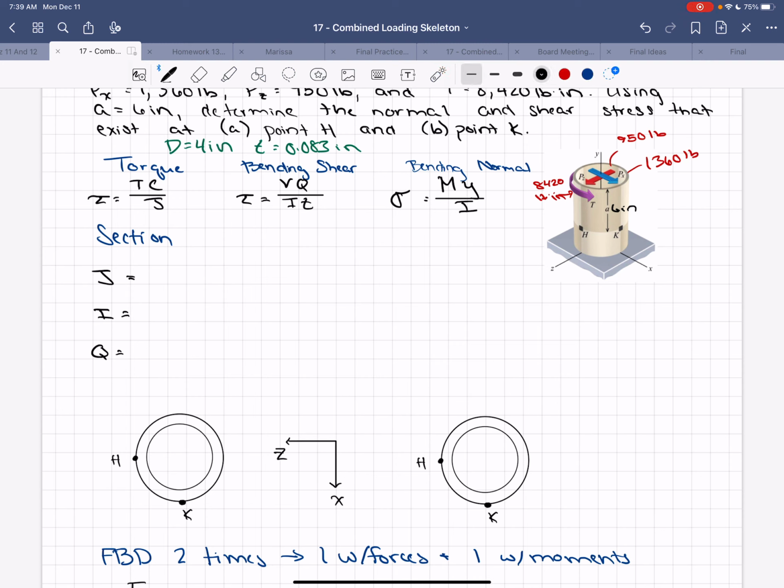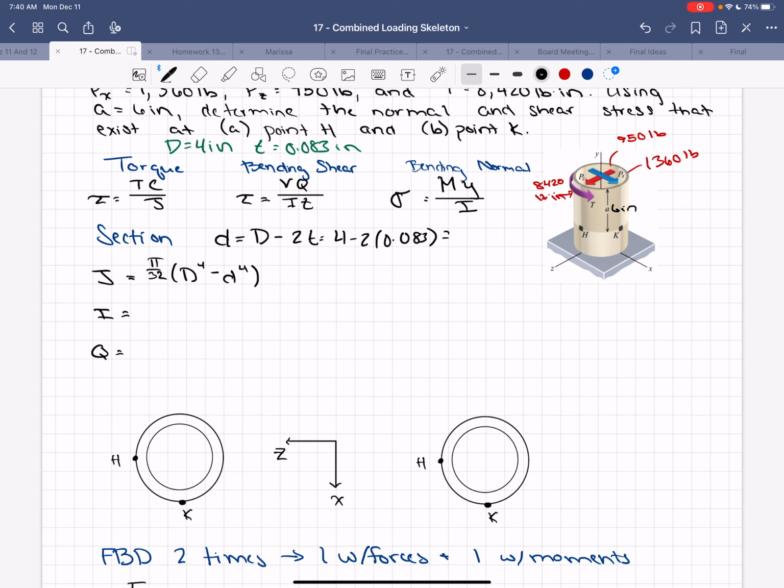So J equals pi over 32 times the outside diameter to the fourth minus the inside diameter to the fourth. The first thing we should do is calculate the inside diameter, which is d minus 2 times the thickness. So we have 4 minus 2 times 0.083.